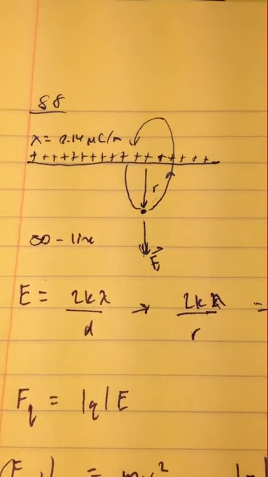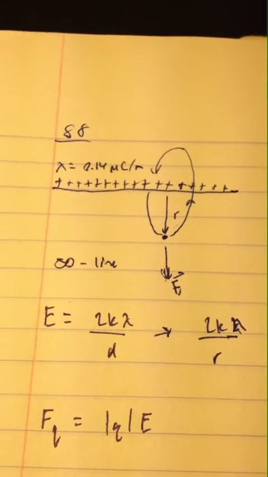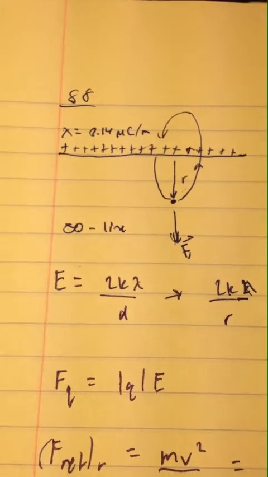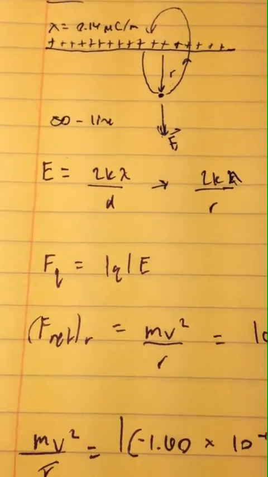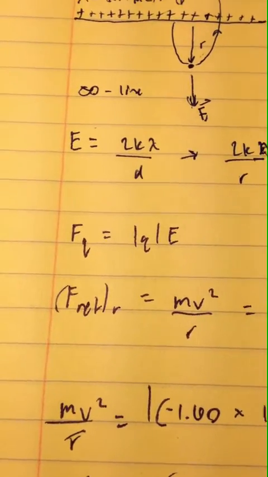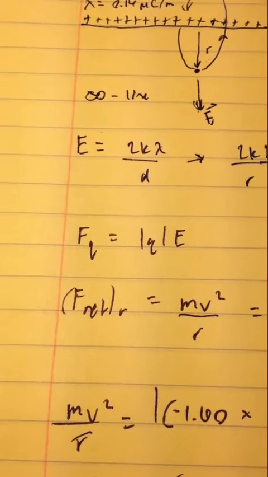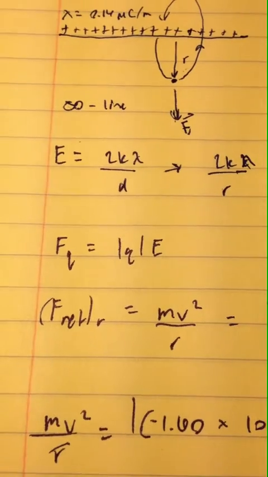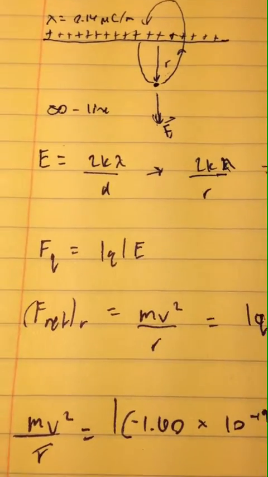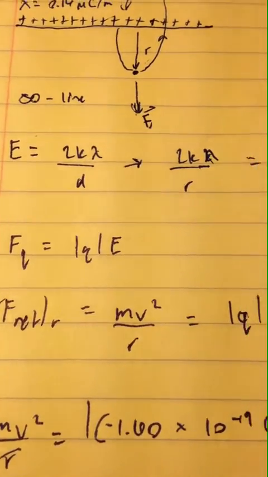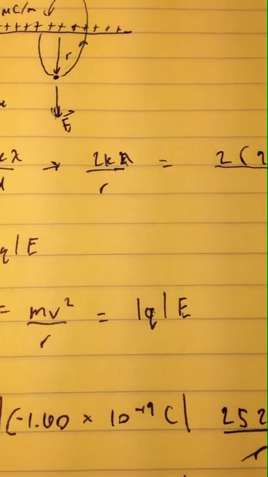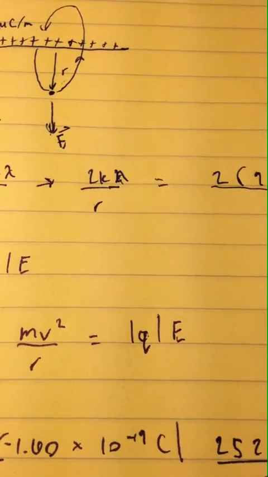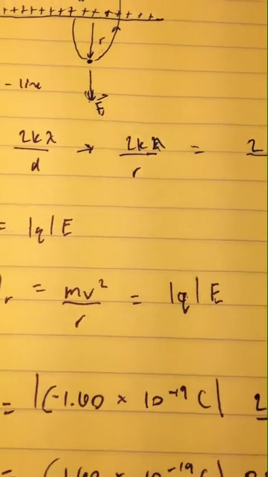Now, since this is movement in a non-uniform field, and also in a circular motion, we can refer back to the force in circular motion due to Newton's second law, in which the net force in the radial direction is equal to mass times velocity squared over r. So we will substitute that in for the force on q. So mass times velocity squared over r is equal to the charge of the particle times the electric field.